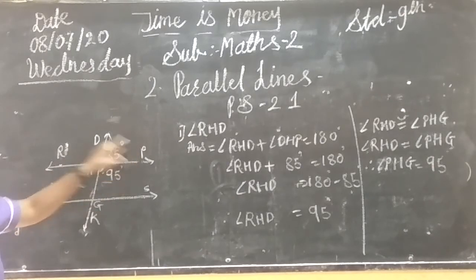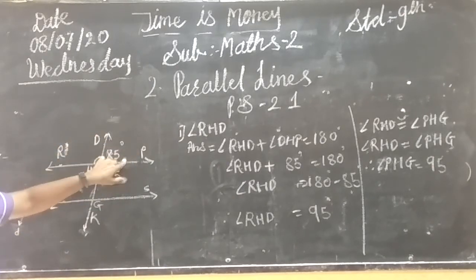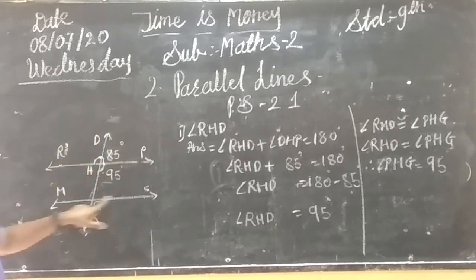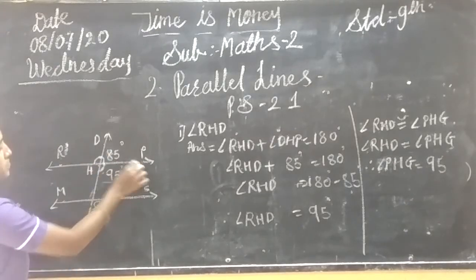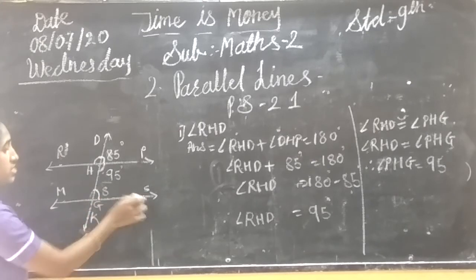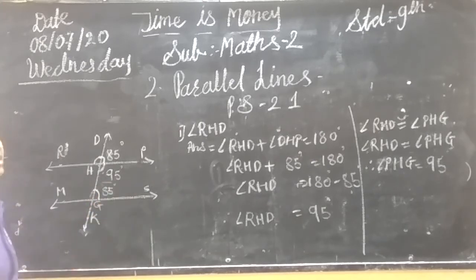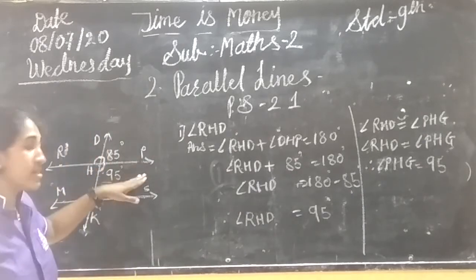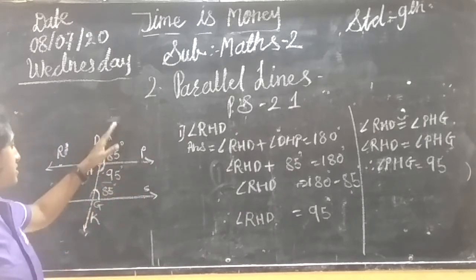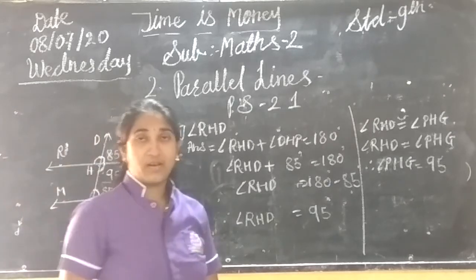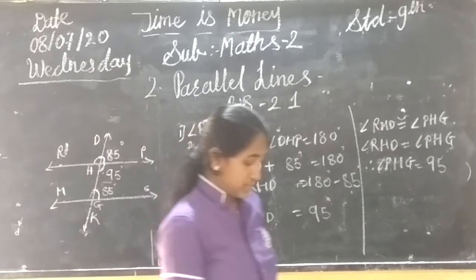Otherwise, you can say that DHP and HGS are corresponding angles. That means if DHP is 85, then HGS is also 85. In any way you can give your answer, by the interior angles or by the corresponding angles.